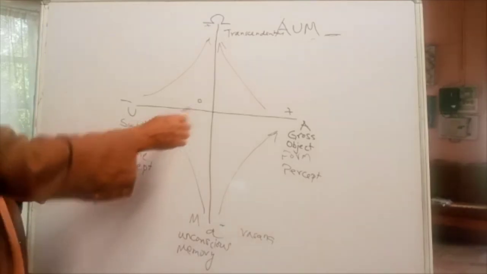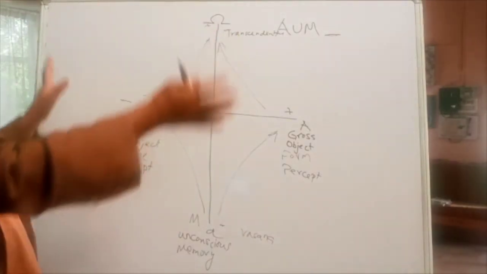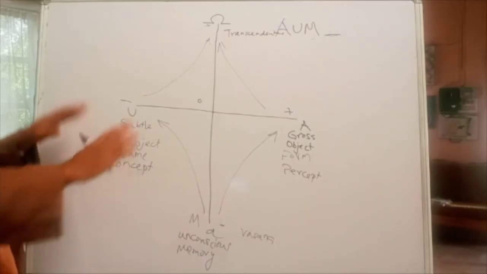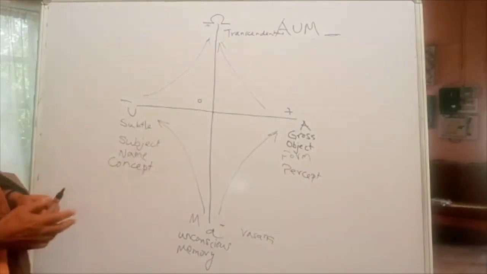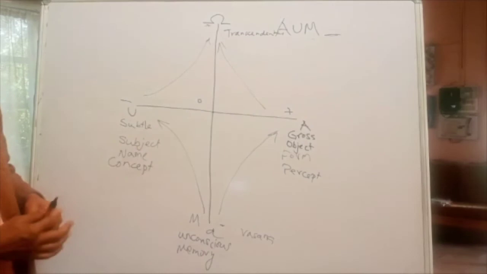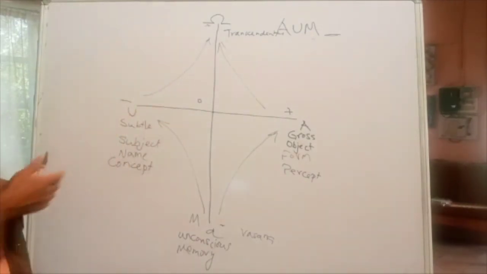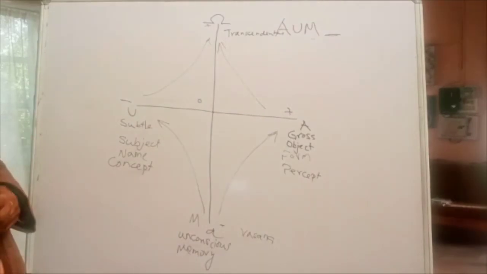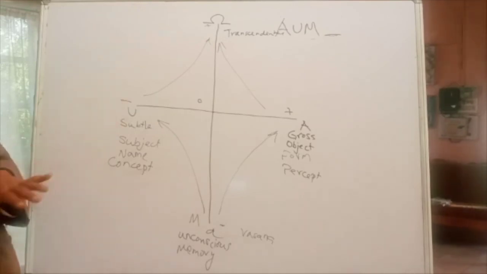So from this hub you can make a radiant, like the spokes of a wheel. You can create all the subjects we have. You can put biology here, physics here, and psychology here, like that. You can put all the subjects that we study within this scheme.